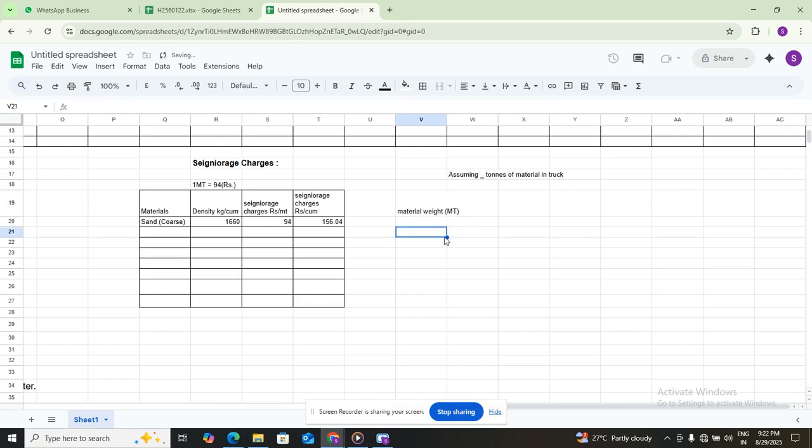Material weight is metric ton. Material is given in tons, and we need to convert that into meter cube.